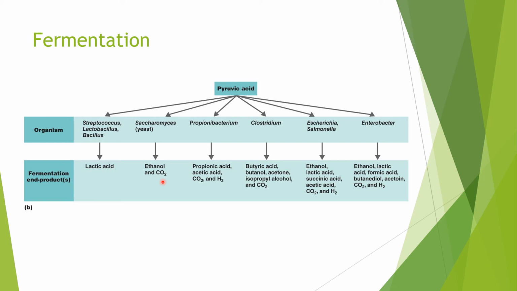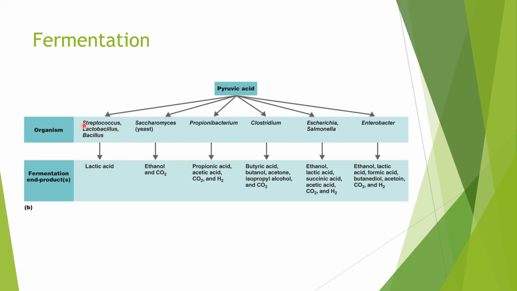So we humans are using these different fermentation products produced by bacteria or by yeast to our advantage, to help us make, as I said, beer, bread, and other fermented products like pickles and sauerkraut, cheese even, okay?